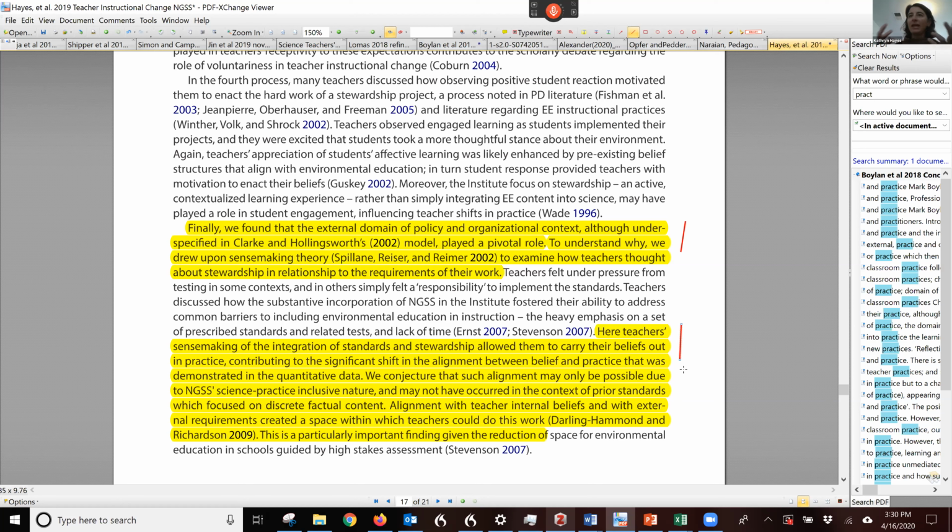So essentially, I'm laying out how sense-making allows us to understand, actually, I should have probably read this part as well, that teachers felt under pressure from testing in some context, others felt this responsibility, and I'm citing the literature here, and then I say they were sense-making, right? And then I get more and further into the literature around this intersection of their beliefs and all kinds of things. So this is the reasoning around why we're seeing this pattern in the data that's in the theme.